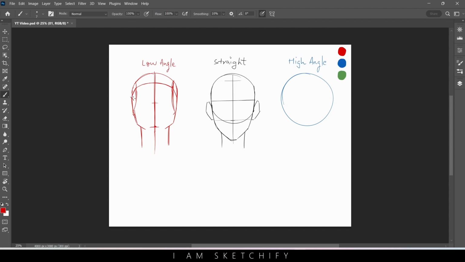For the ears, we'll use the eyebrows line as well as the nose line as guides. Unlike the other facial features, the ears will appear a little lower than the normal.